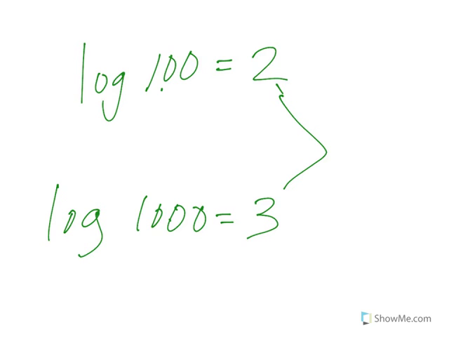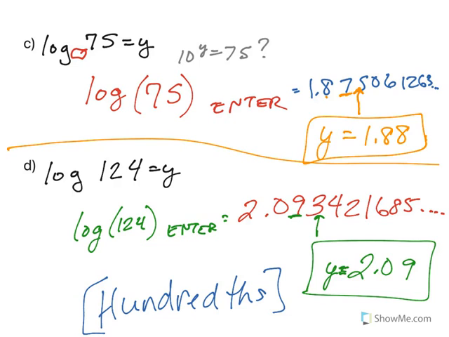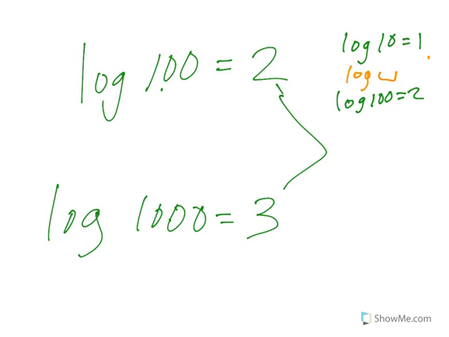Log of 10 is 1, log of 100 is 2, so anything between 10 and 100 as a common log is going to be between 1 and 2. When you think about the problem we just did, log of 124, that's just barely above 100, so my answer should be just above 2. And that's exactly how it works. So don't let the things that you know leave your brain while you're working through this. Keep these things in your mind to help you decide whether your answer makes sense. That is important.